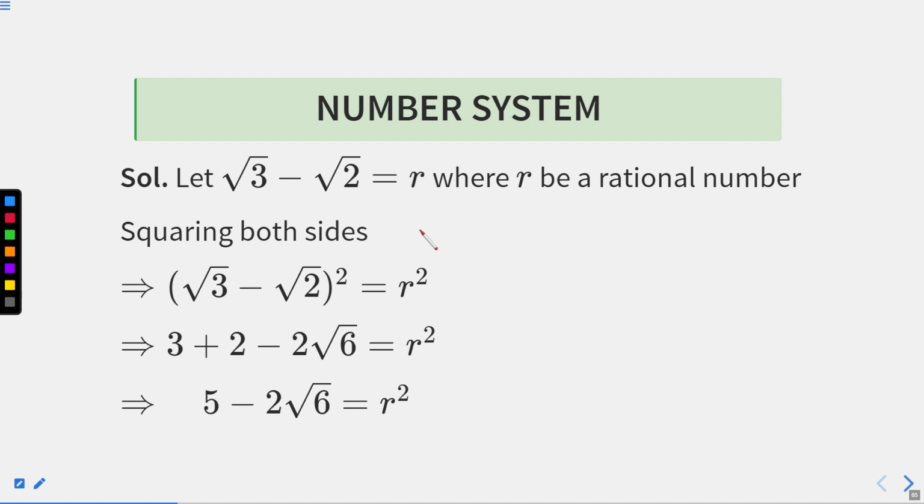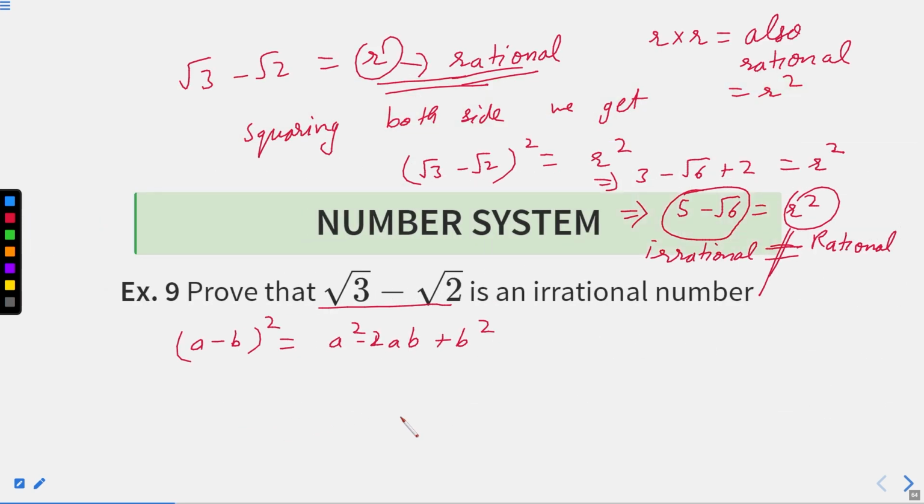So let's see the steps. The steps are the same as I did: squaring both sides, simplifying this, and getting this. I forgot to put 2 here because of this minus 2ab.